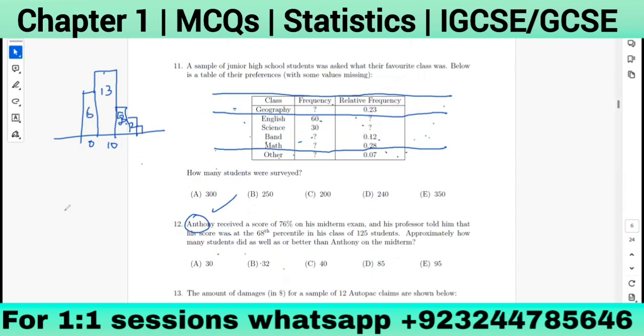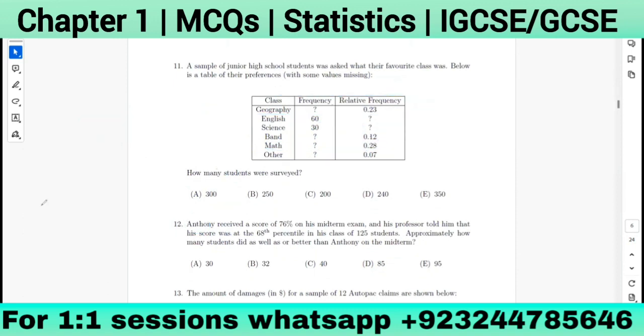Okay, now question number 11. A sample of junior high school students was asked what their favorite class was. Below is a table of their preferences, frequency, and relative frequency. How many students were surveyed?